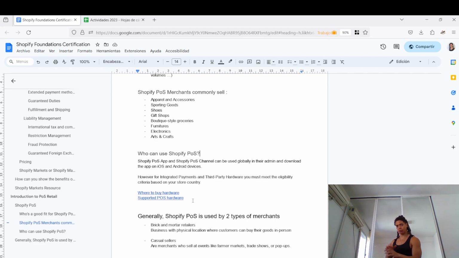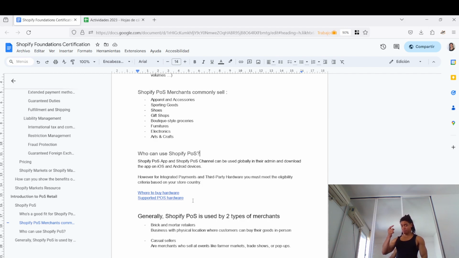However, when it comes to integrated payments with Shopify Payments, to offer automatic currency conversion rates, or dedicated hardware, this is very specific to each country.